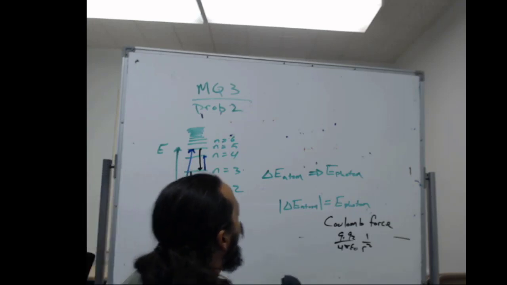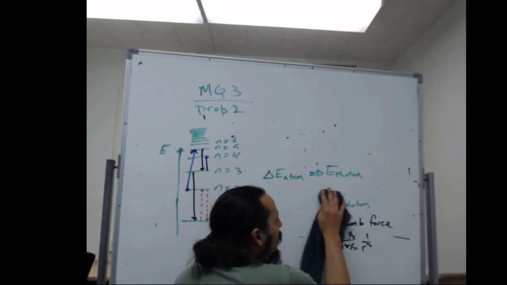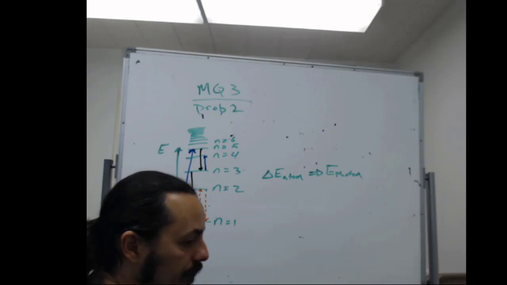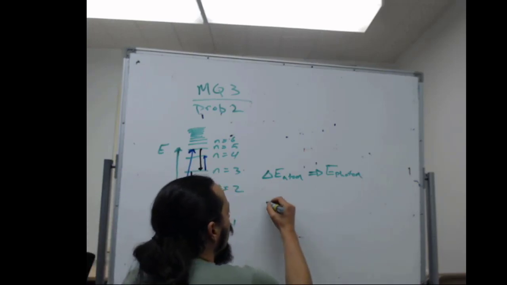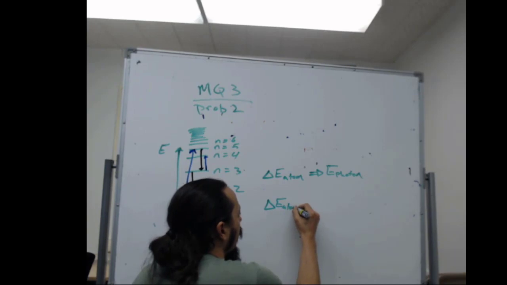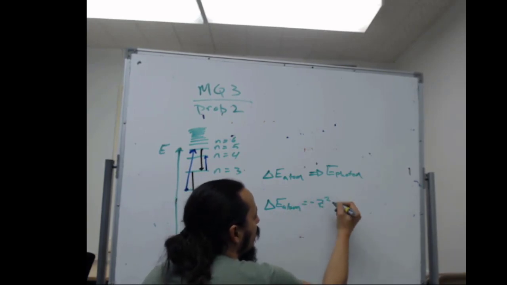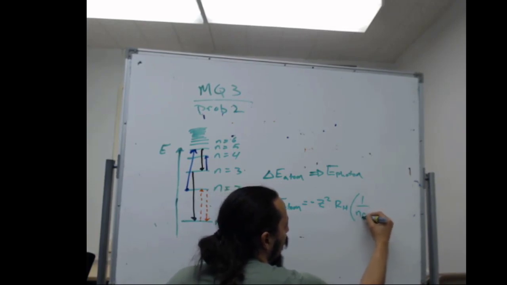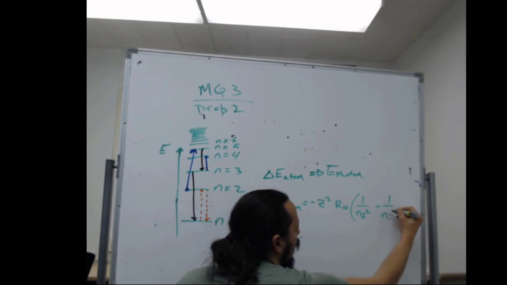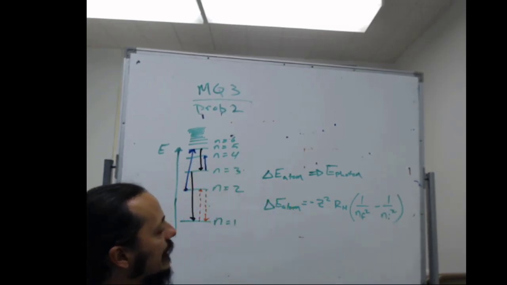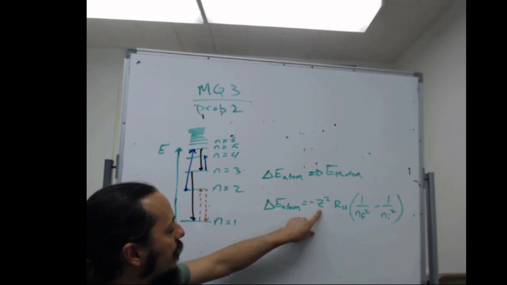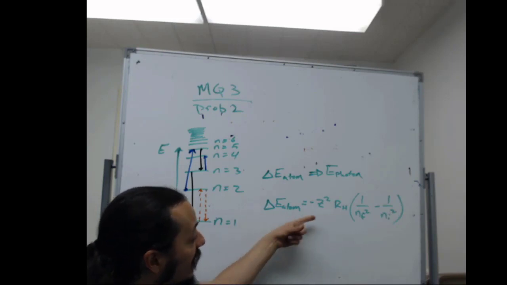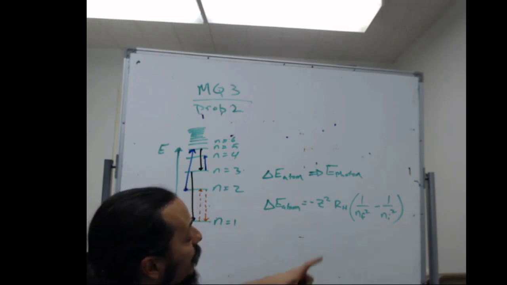We can also look at it just in terms of the equation, the Rydberg equation for delta E of atom, is equal to negative Z squared R_H times 1 over n final squared minus 1 over n initial squared. Right, so if we just look at this, if Z goes up, delta E is going to be a bigger magnitude. It's going to be a bigger and bigger negative number, but it's going to be a bigger and bigger number.